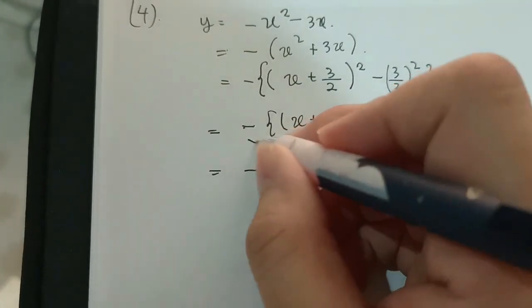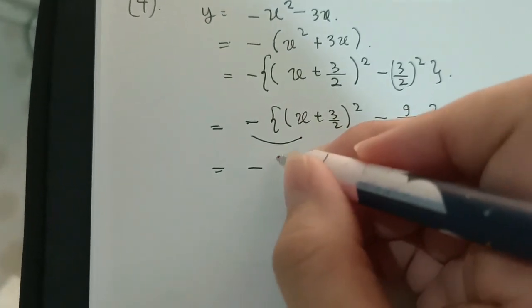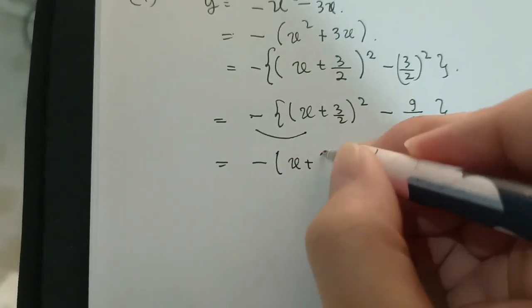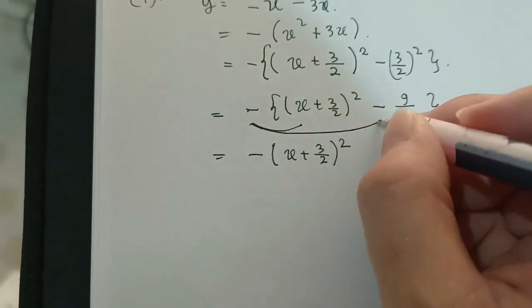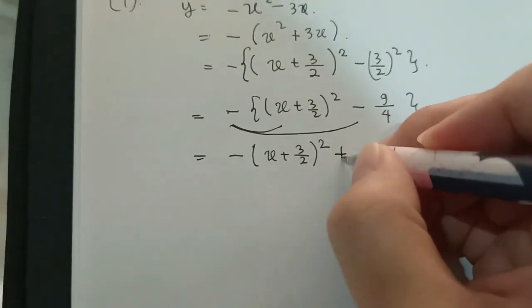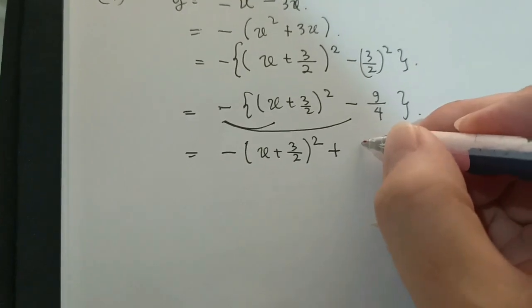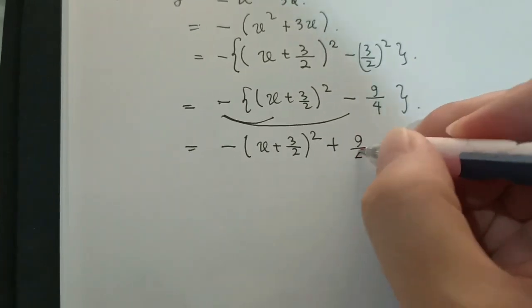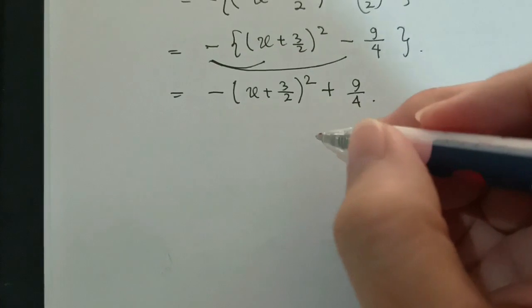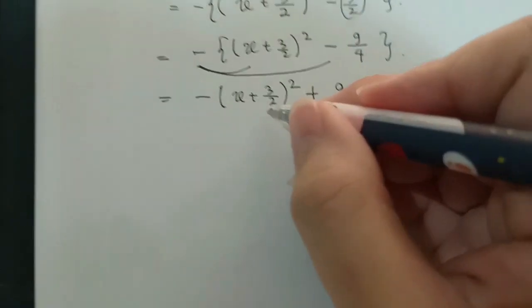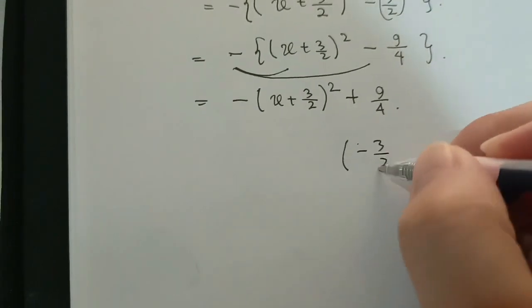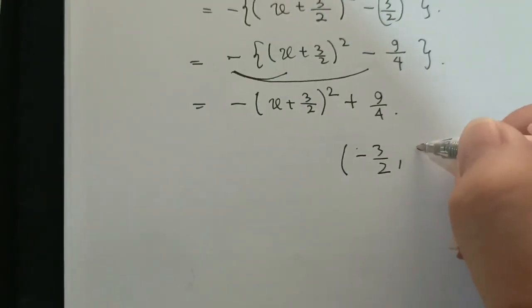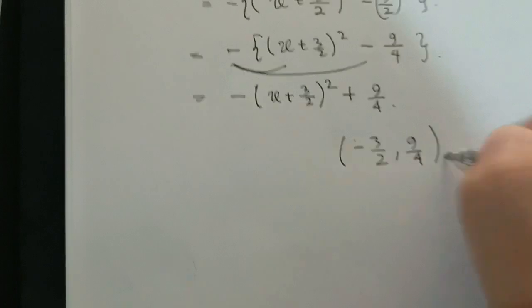Minus multiply this will be minus x plus 3 per 2 quadrat, minus multiply minus is plus 9 per 4. So the coordinate will be minus 3 per 2 comma 9 per 4.